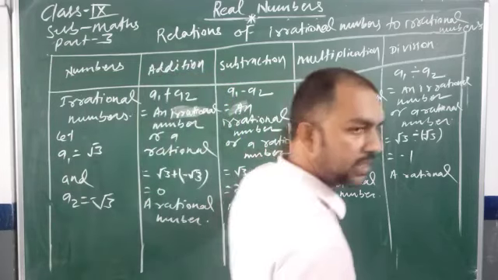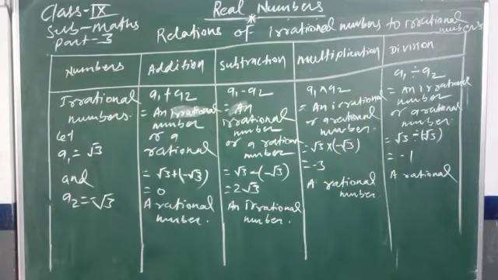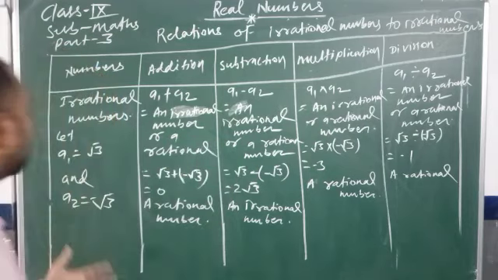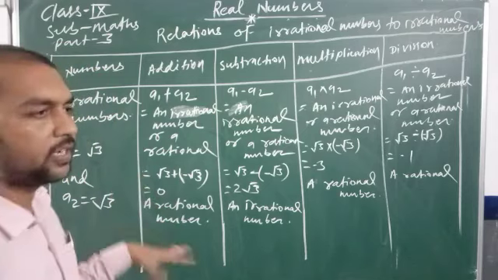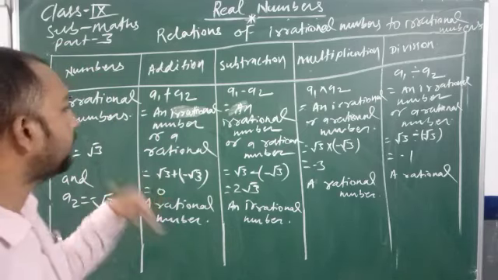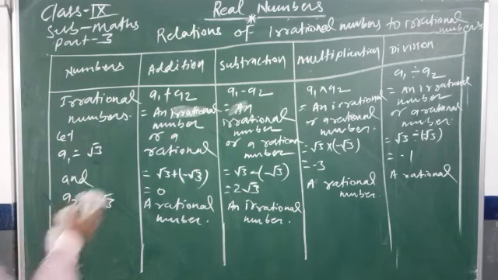It means when we perform all the operations on irrational numbers to irrational numbers, the result can be rational or irrational. We cannot clearly say what the result will be. Now we will put different values and we will see the result. So we will change the value.